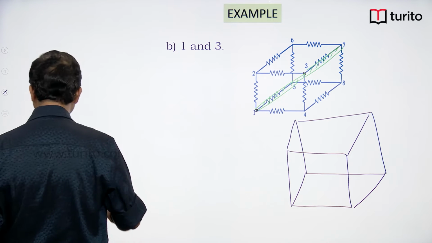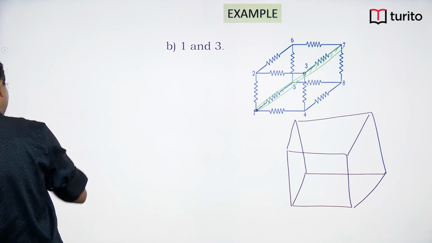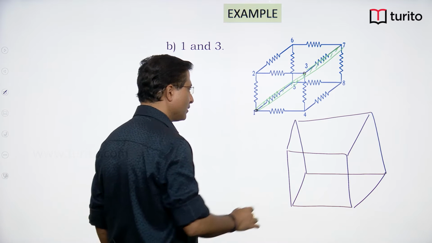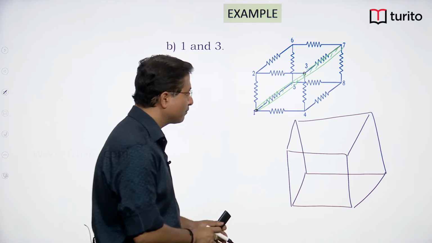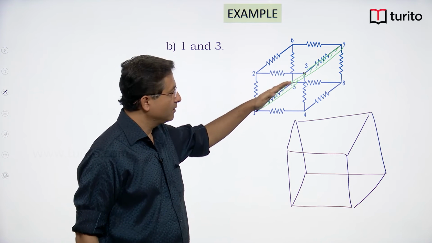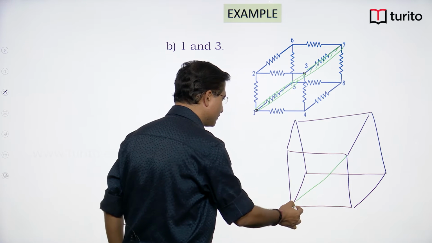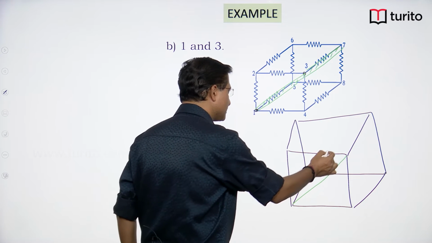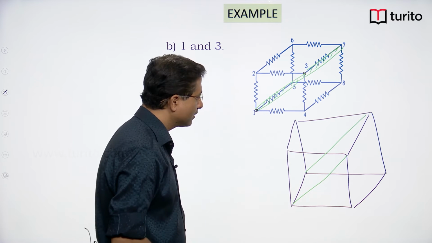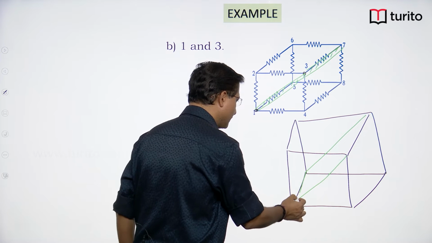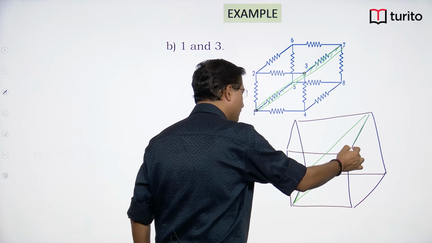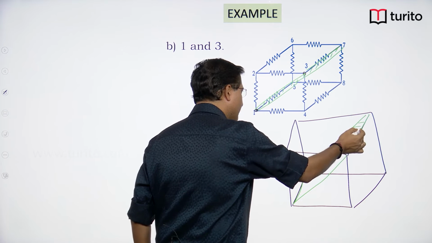Okay, I have changed the diagram. I am talking about the plane passing through the face diagonal. Okay, plane passing through the face diagonal, join these two and then join this and this. Now it is coming properly. Look at this plane.